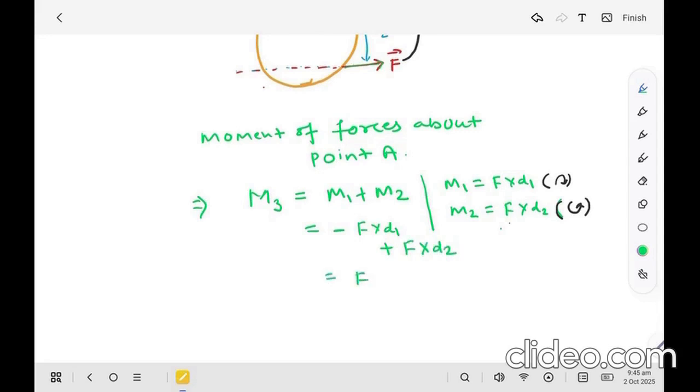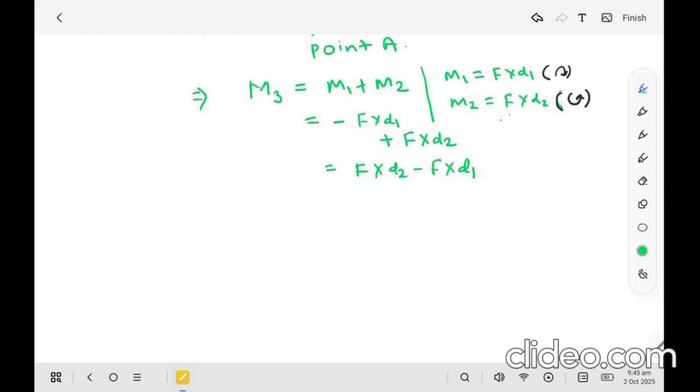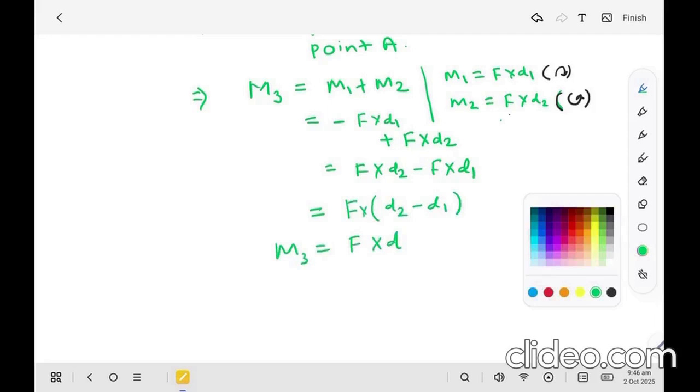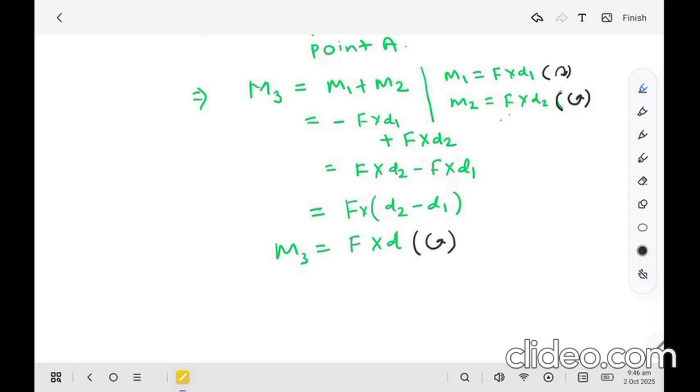So we can write F into d2 minus F into d1, or F times d2 minus d1, and d2 minus d1 is nothing but d. So it is F into d, a positive value, so this is again anti-clockwise. The direction will be anti-clockwise.